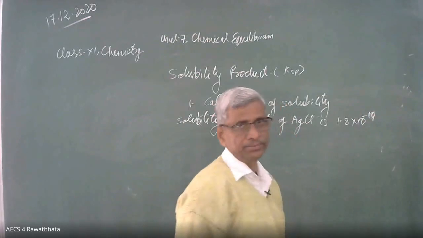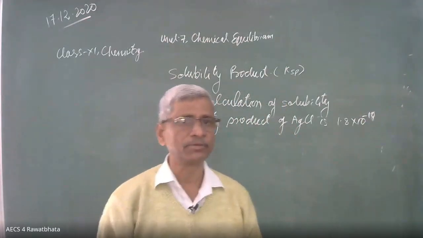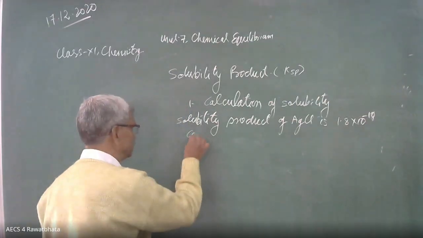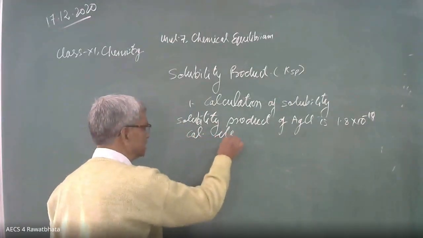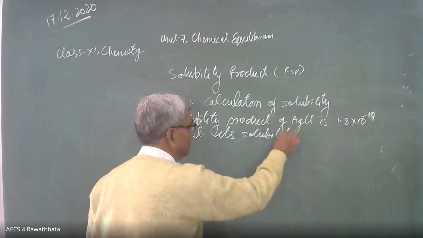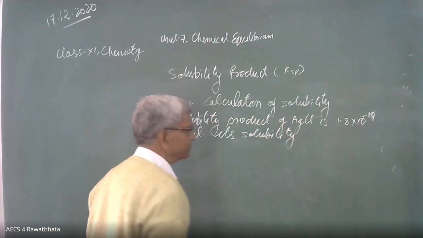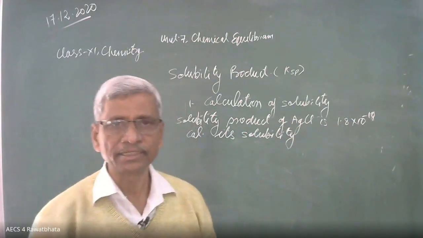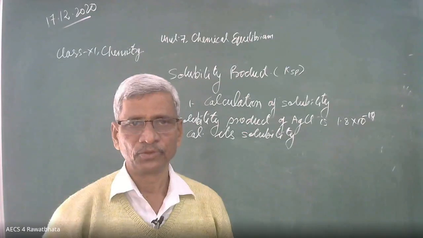It has no unit because it is a constant, just like an equilibrium constant. Calculate its solubility. How many moles of AgCl can be dissolved in 1 liter of solution? That is the solubility. Okay?